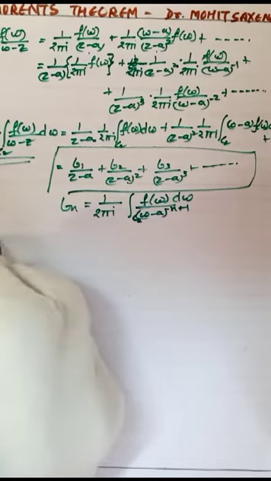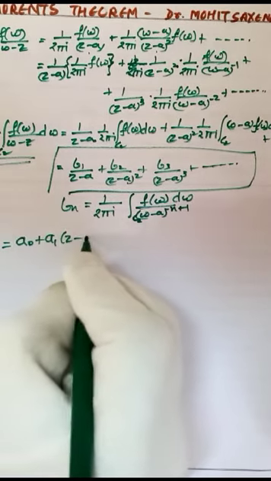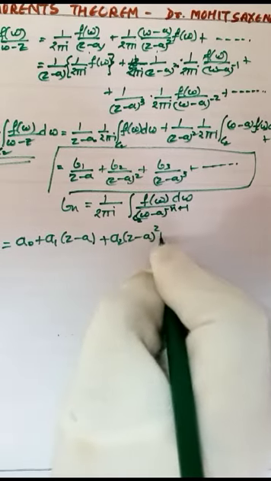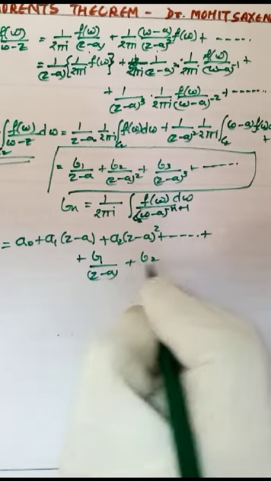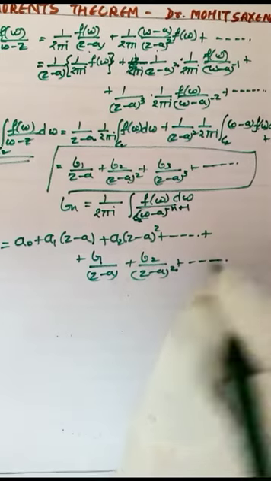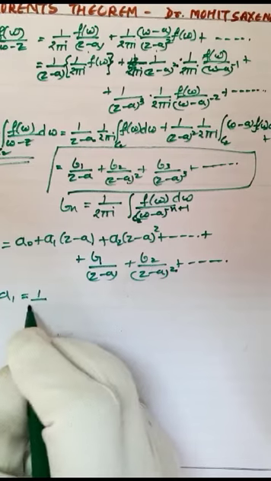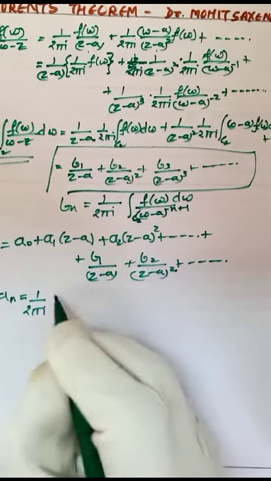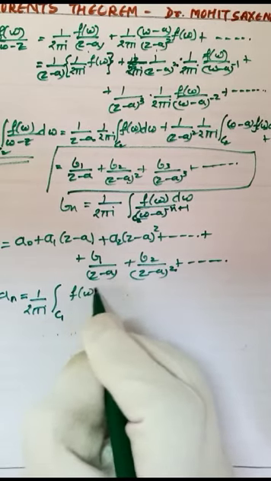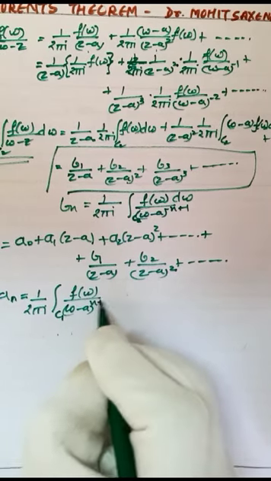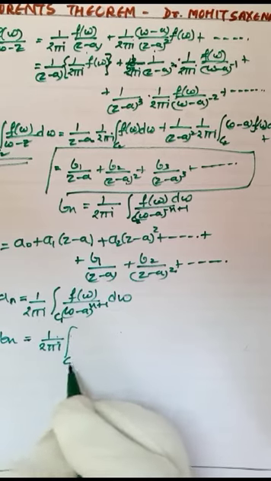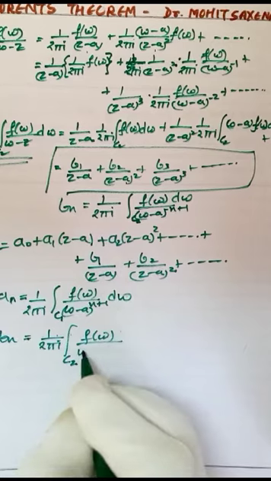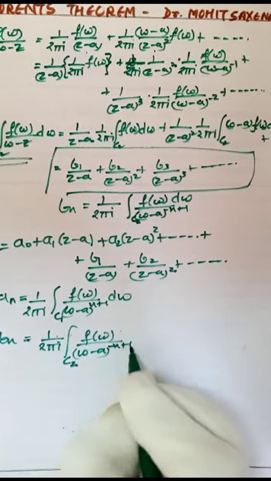Now adding both these parts, we would get f(z) is equal to A0 plus A1 (z minus a) plus A2 (z minus a) whole square plus dot dot dot plus B1 upon (z minus a) plus B2 upon (z minus a) whole square plus dot dot dot, where an is equal to 1 upon 2 pi i integral over C1 f of w upon (w minus a) to the power n plus 1 dw, and bn is equal to 1 upon 2 pi i integral over C2 f of w upon (w minus a) to the power minus n plus 1 dw.